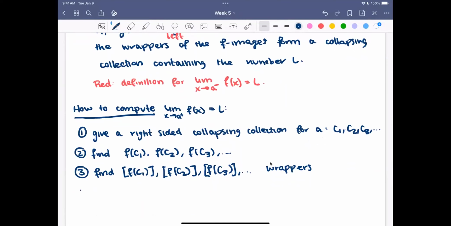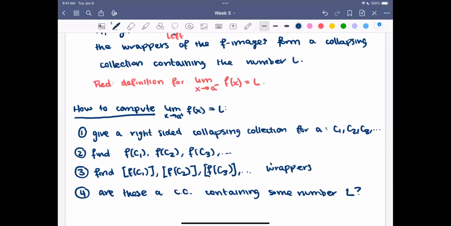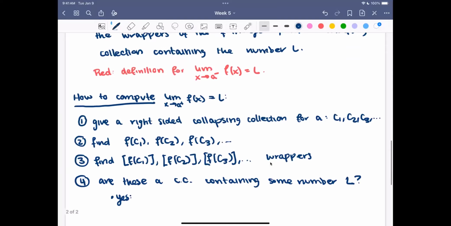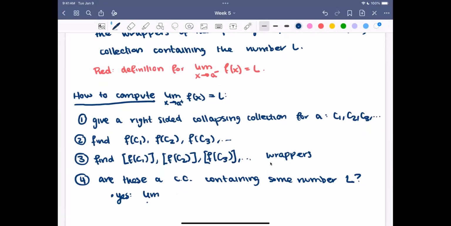So step 4 is, do these form a collapsing collection containing some number L? And if the answer is yes, then we have that the limit as x approaches a from the right of f of x is equal to that value L.